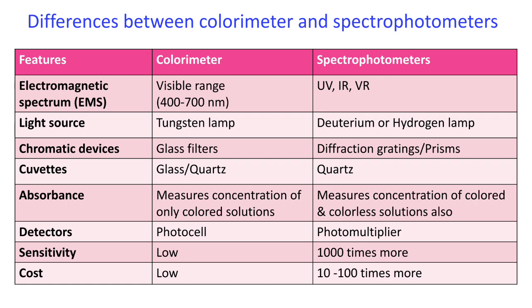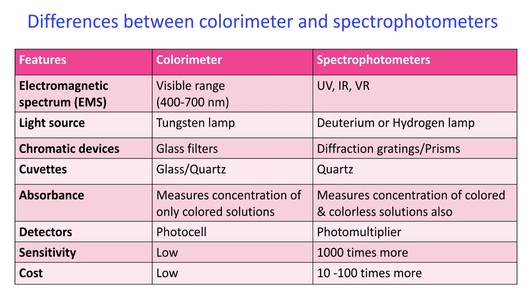Whereas in the spectrophotometer we can use diffraction gratings or prisms, by which we can select a single wavelength of light. That is the advantage and disadvantage.